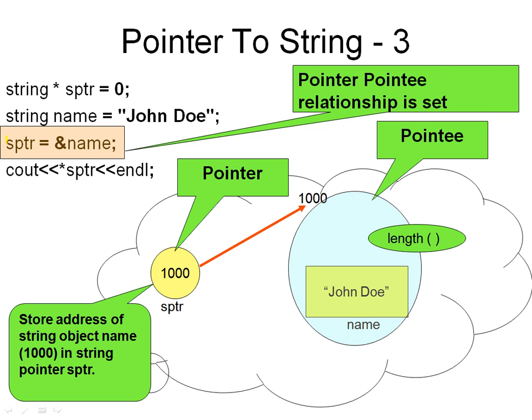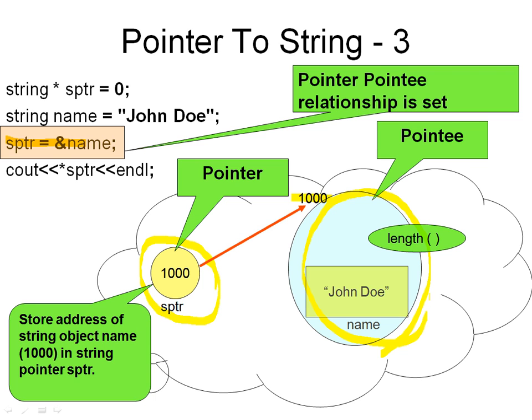As soon as I execute this line, it means store the address of object name, which is 1000, inside the string pointer SPTR. As soon as that happens, SPTR becomes a pointer to the pointee name.